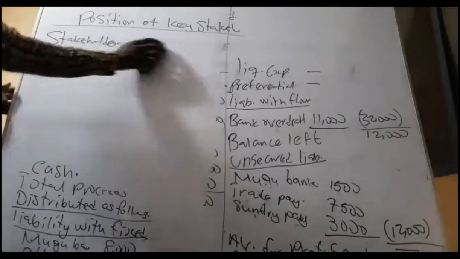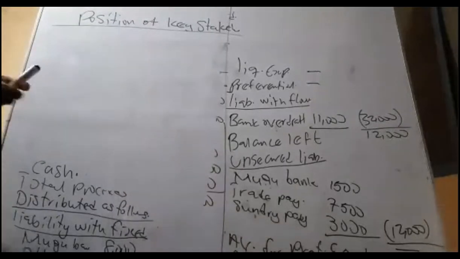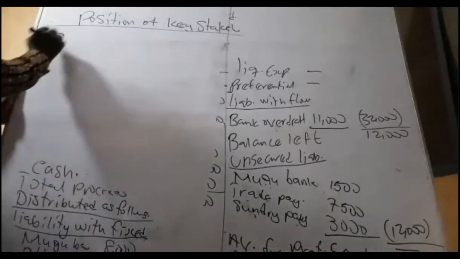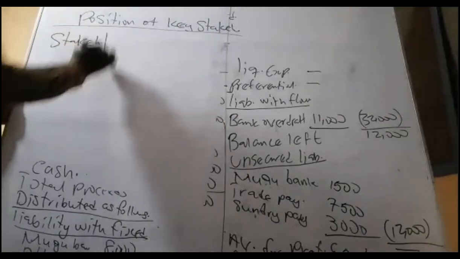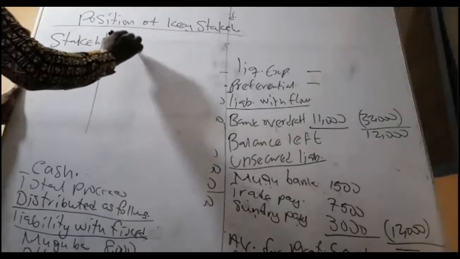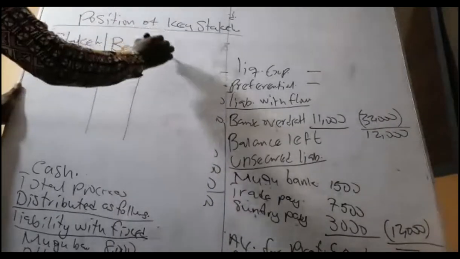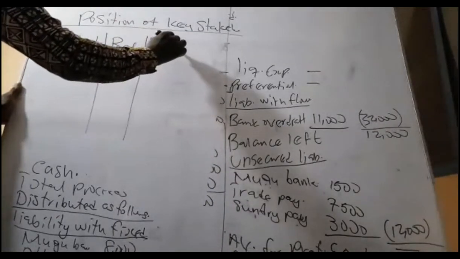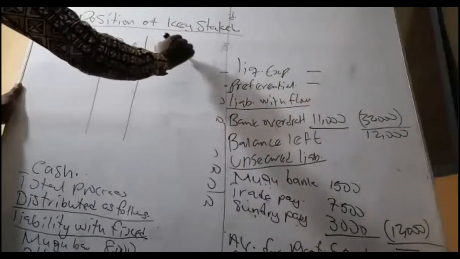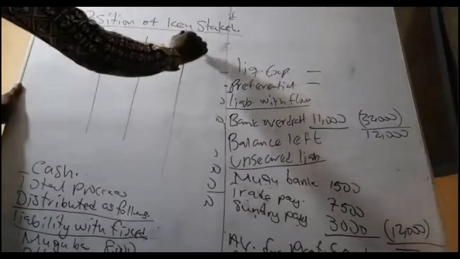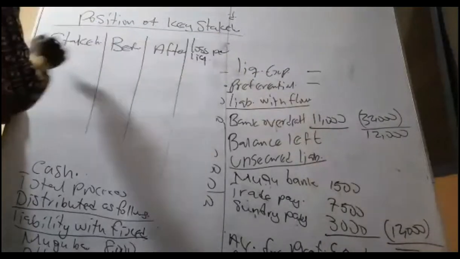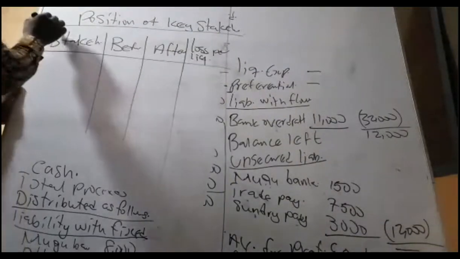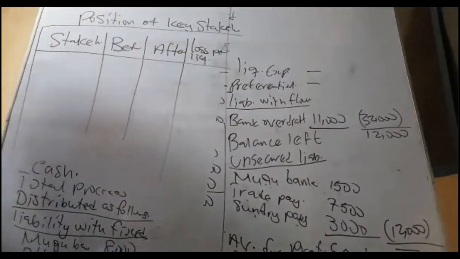It's not advisable in the exam, so let me shortcut it there. So stakeholders, your position before, your position after, and then loss per liquidation. So that is it.